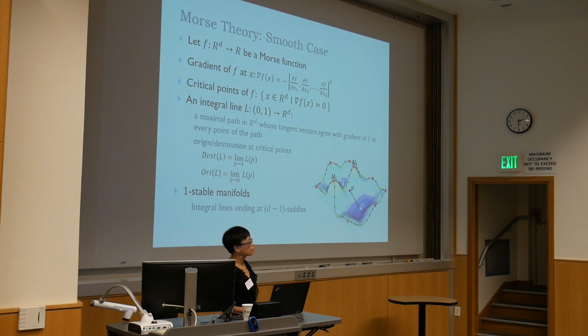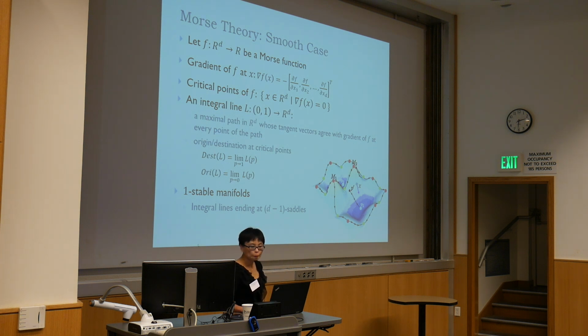Here I'm taking the negative of the standard definition, which is why I'm always going downwards. And the critical points are basically where the gradient vanishes. These are the red, yellow and green dots in the picture.